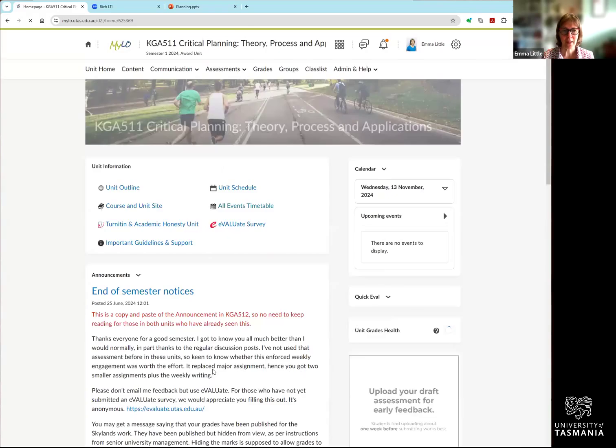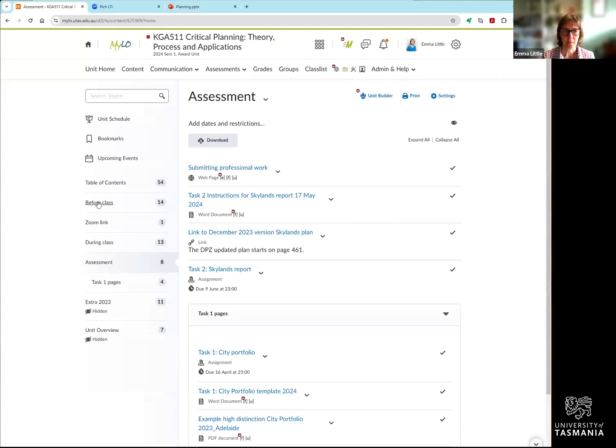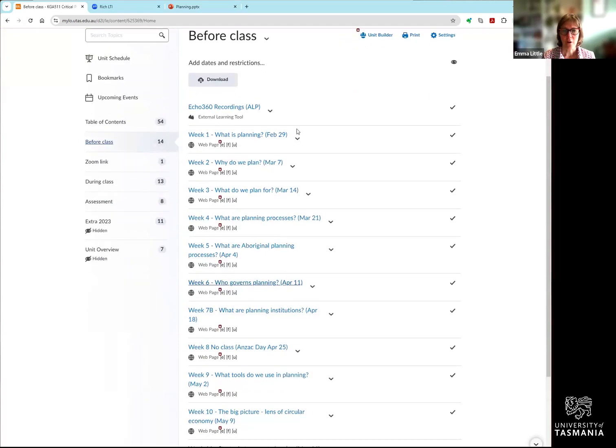The critical planning unit is the theory unit. Sorry, let me just get the controls out of the way so I can go to content. You have a range of topics, and there's an introduction to what is planning, a great question right at the start of your course, why we plan, who we're planning for, types of processes that we engage in, who governs planning.